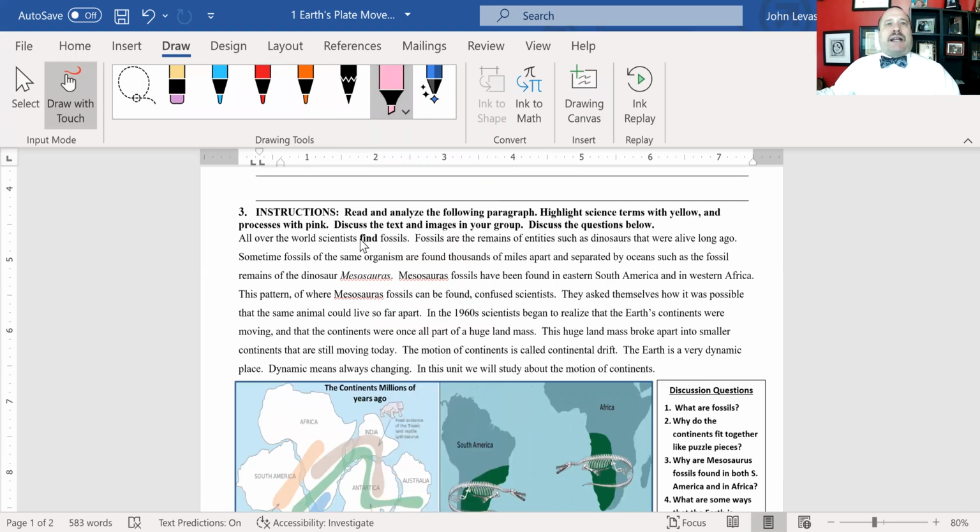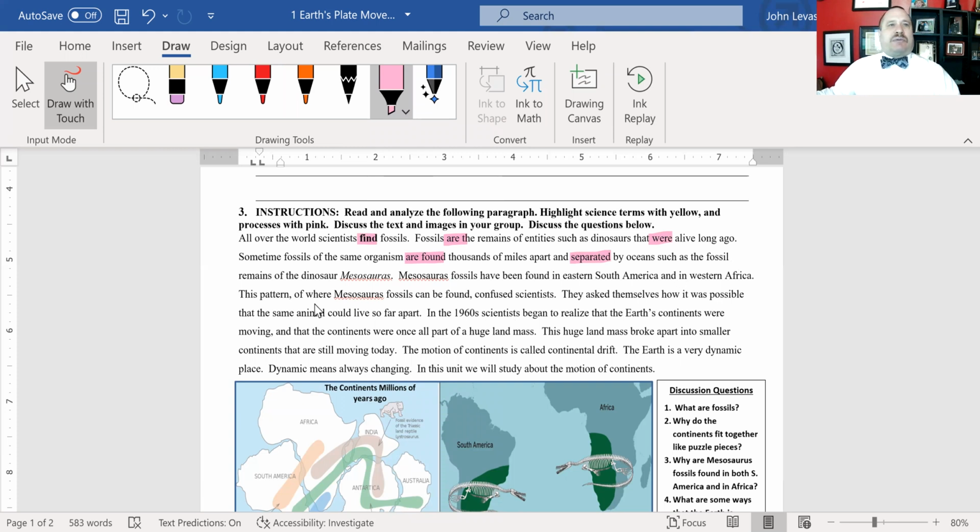Let's go ahead and analyze the paragraph for actions or processes. All over the world, scientists find fossils. Find is an action. Fossils are the remains of entities, such as dinosaurs that were alive long ago. Remember that is, are, has, and have are the four most common verbs in science writing. Sometimes fossils of the same organism are found thousands of miles apart and are separated by oceans.